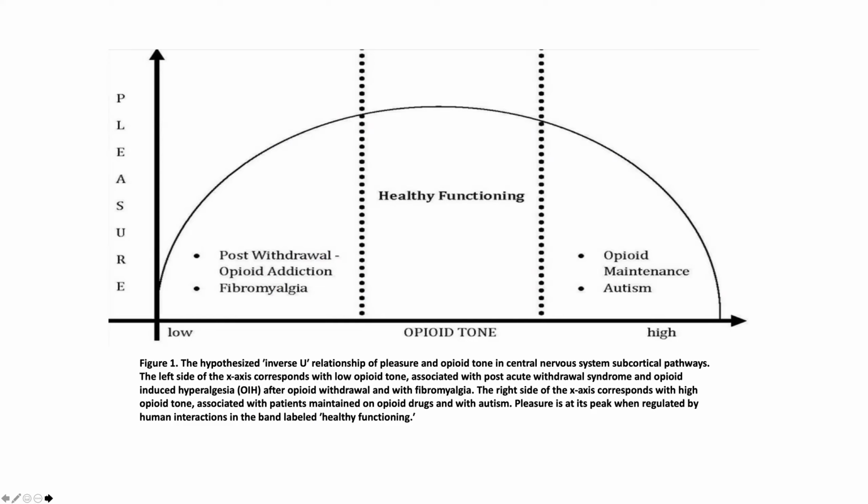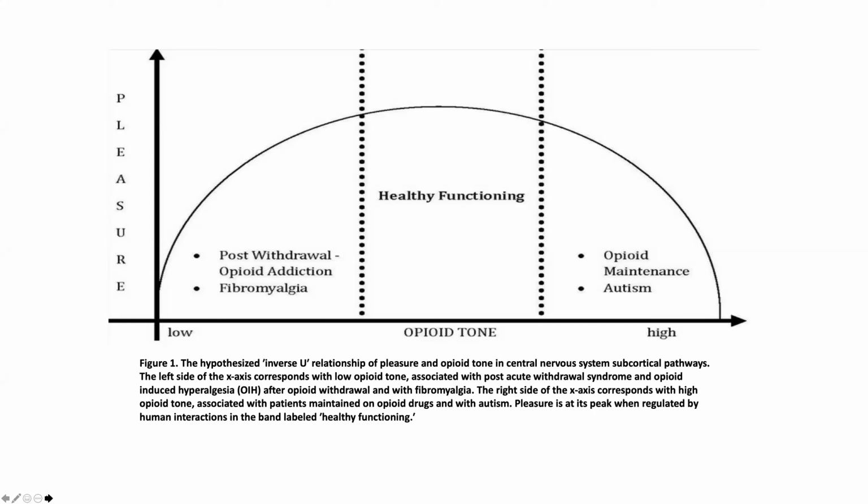It's kind of what they say, the left side of the x-axis corresponds to low opioid tone associated with post-acute withdrawal syndrome and opioid-induced hypoalgesia after opioid withdrawal and with fibromyalgia. And so what happens is this person is in a constant state of pain. And that is on the withdrawal side.